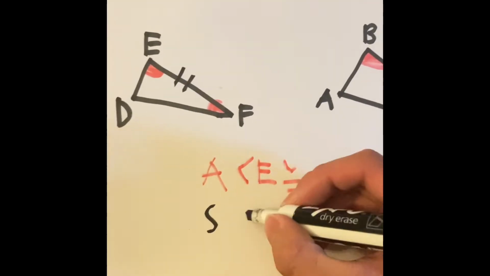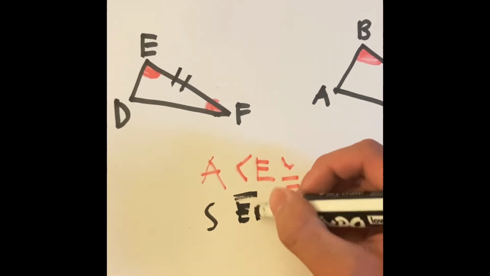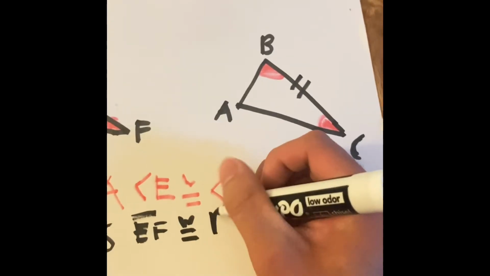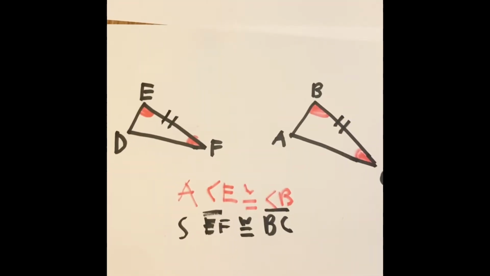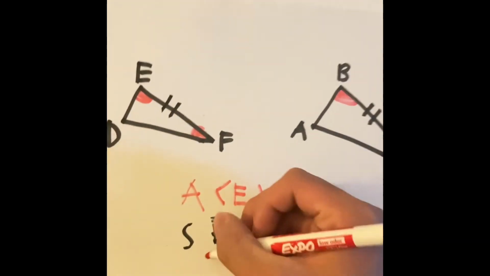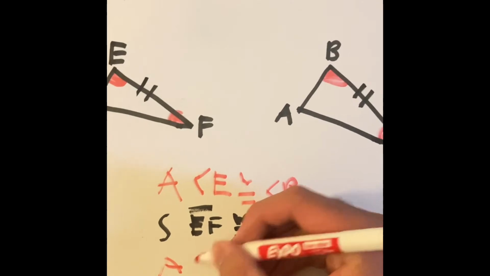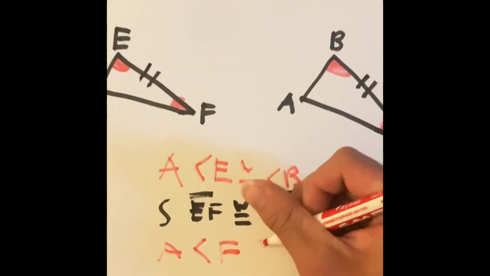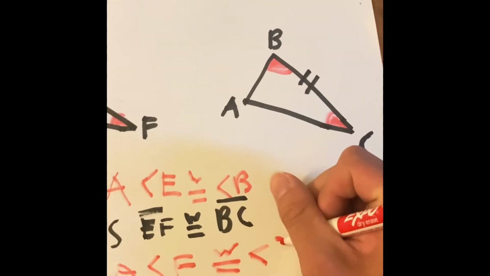We're going to say that segment EF is going to be congruent with BC. And last but not least, back to angles. Angle F is going to be congruent to angle C.